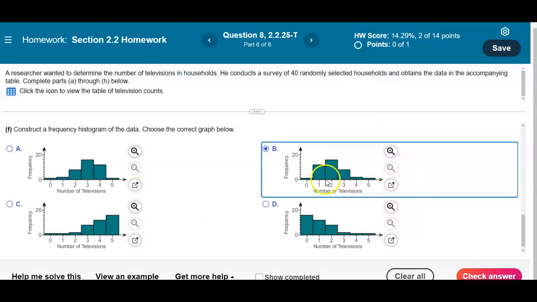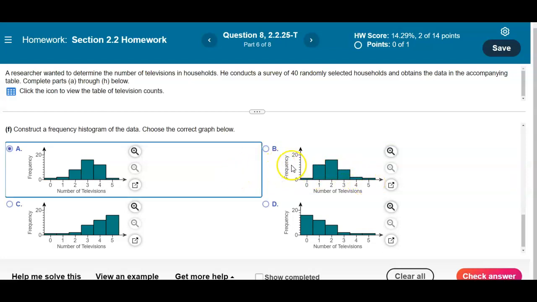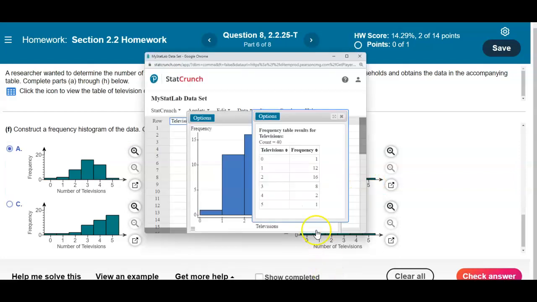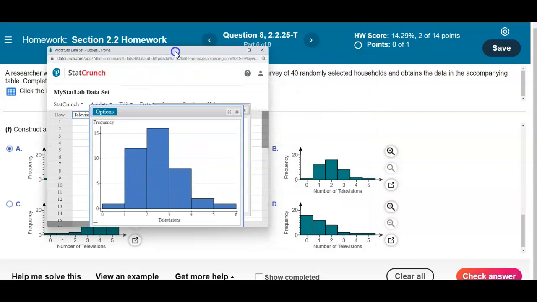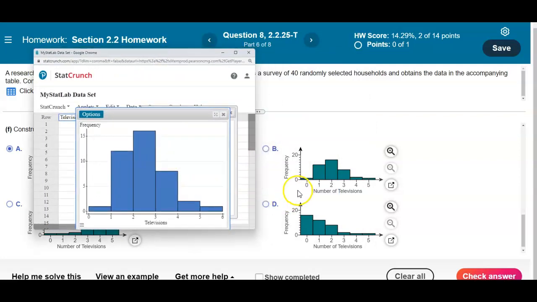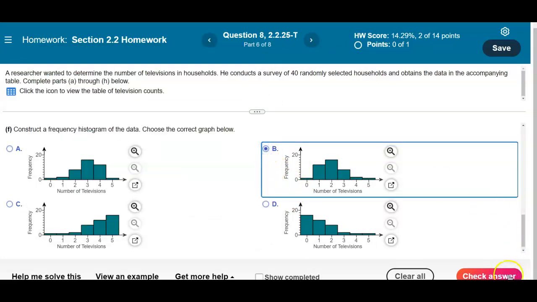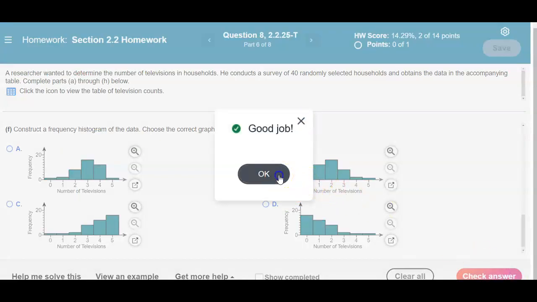So in this case here we're starting out low, and then we go up, up, and then low again over here. So it looks like it could be option B. But let's take a look at our graph. Our graph resembles B. So therefore, we're going to go ahead and select B. And then check our result.